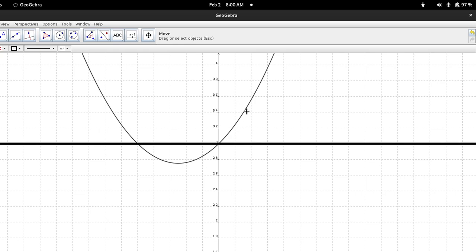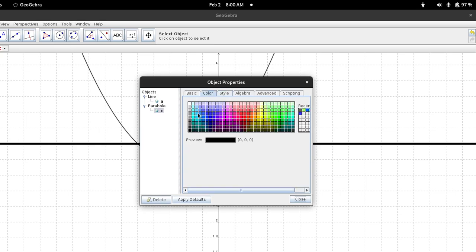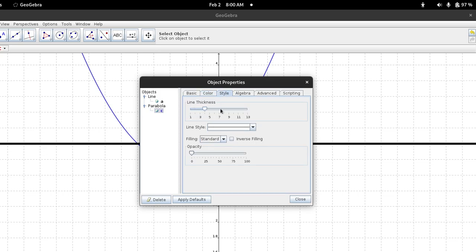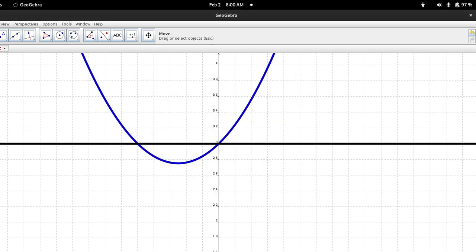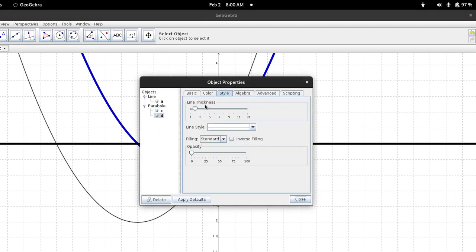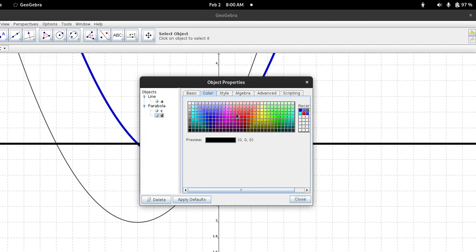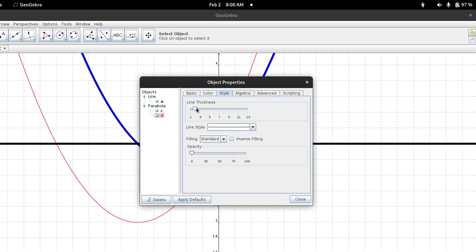Let's make this thick and have some color in it. Then we have x squared plus 2x plus 3. Nice. Let's change the color of this and make it thick as well.